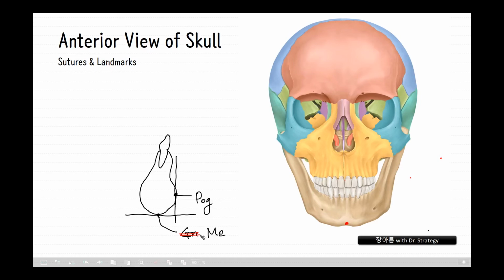So in this curvature midway between Pogonion and Menton, in the center, probably the same length, on this straight line we can have a perpendicular line intersecting the curvature of the mandibular symphysis in this area.